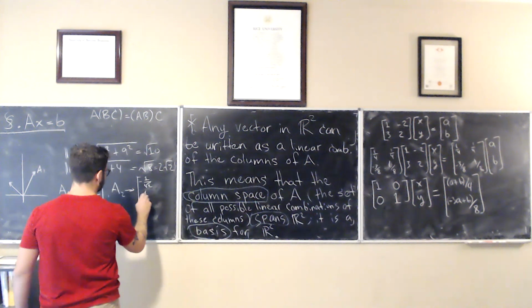So this is going to be 1 over root 10 times minus 1 over root 2. Now they're not orthonormal. That's what I was hoping. And I'll explain what that is in a moment.